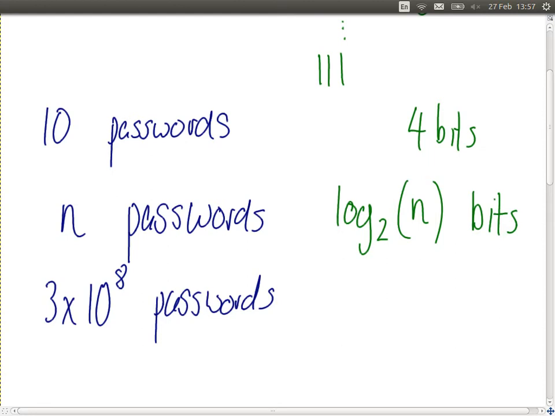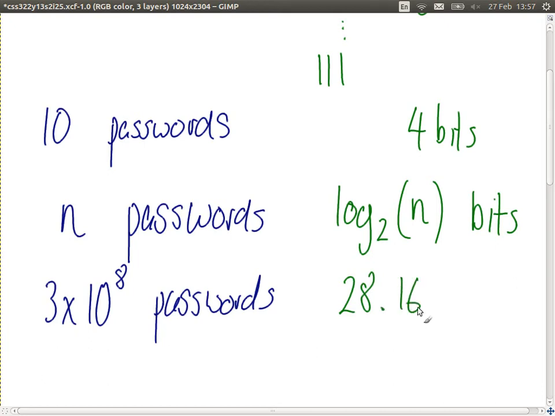So use your calculator and find the log base 2 of 300 million. Anyone else get the same number? 28 point something. Good. 2 people got the same answer. It's about 28.16. Or if we want to be practical, we'd round it up to 29, because we cannot have 0.16 bits. But in theory, we could count like that.